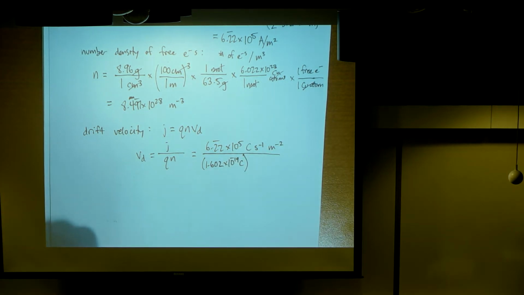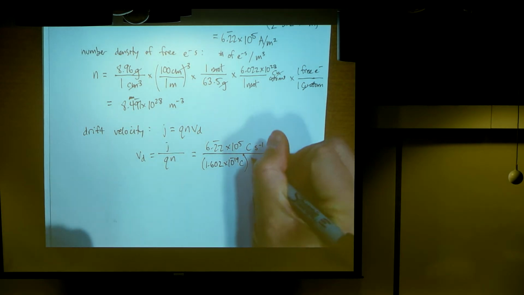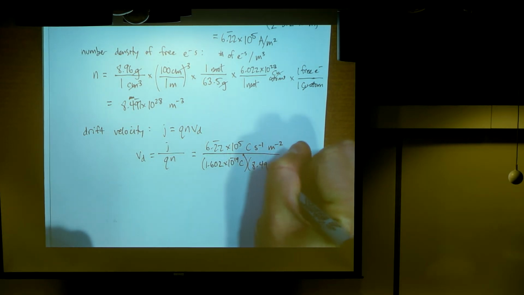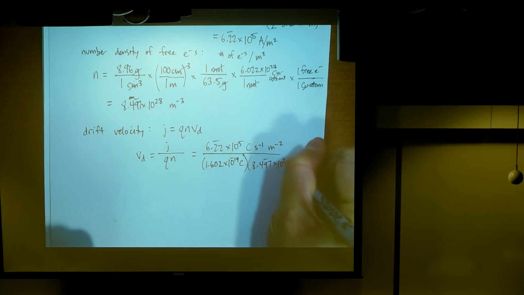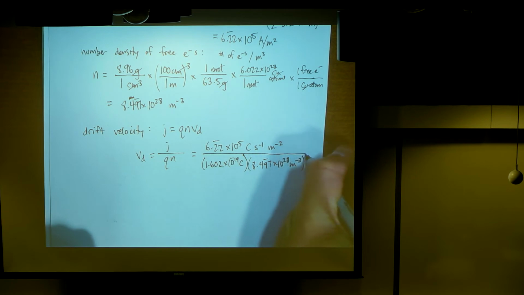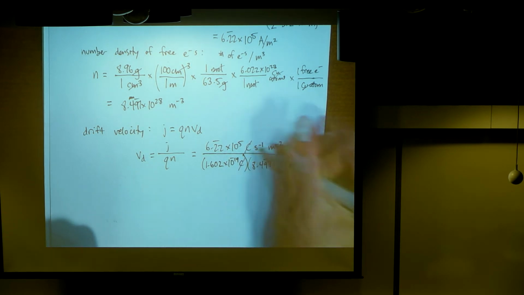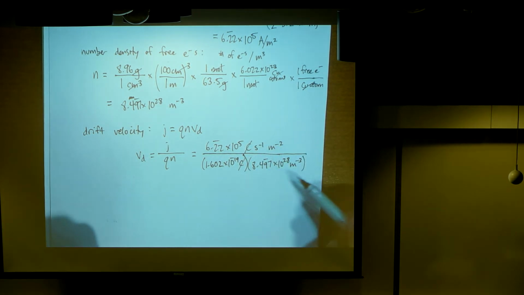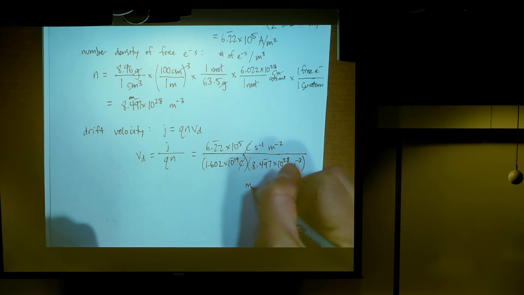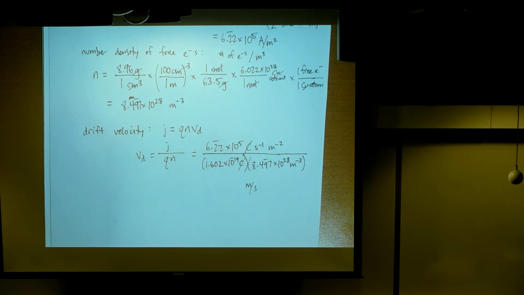Then our number density is what we found here, so it's 8.497 times 10 to the 28 inverse meters cubed. So coulombs go away. One factor of meters remains when we do this, and then we'll end up with meters per second. Can someone crunch those numbers for me?